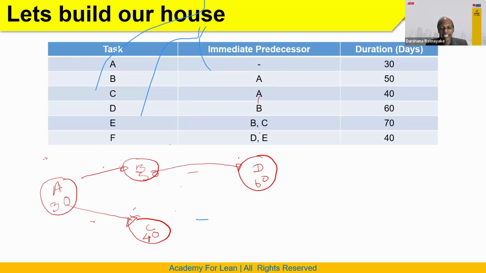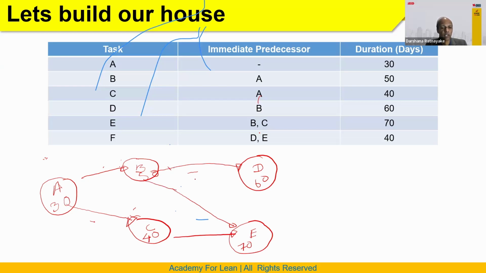Then we have task E. To start task E, what needs to be complete? B and C. Task E takes 70 days. B needs to be complete, and C needs to be complete.